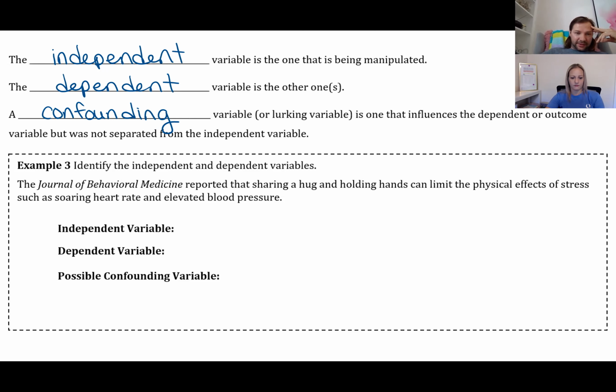Identify the independent and dependent variables. The Journal of Behavioral Medicine reported that sharing a hug and holding hands can limit the physical effects of stress, such as soaring heart rate and elevated blood pressure. The independent variables are the hug and hand holding, the ones being manipulated.